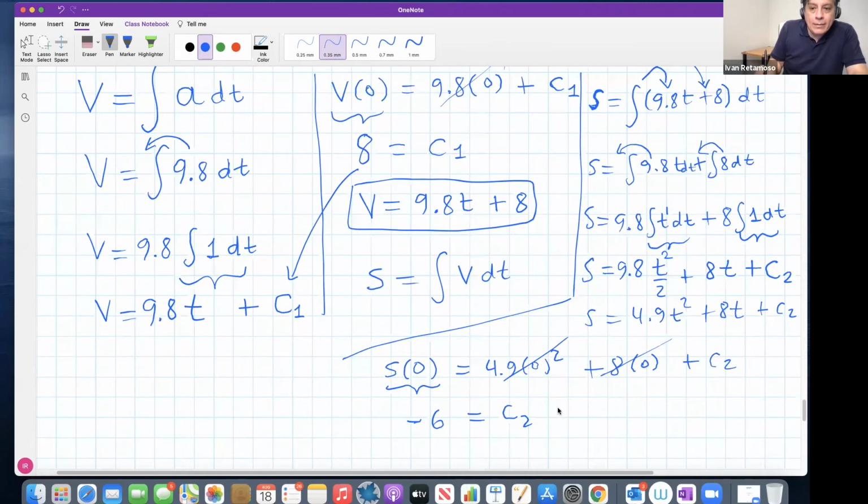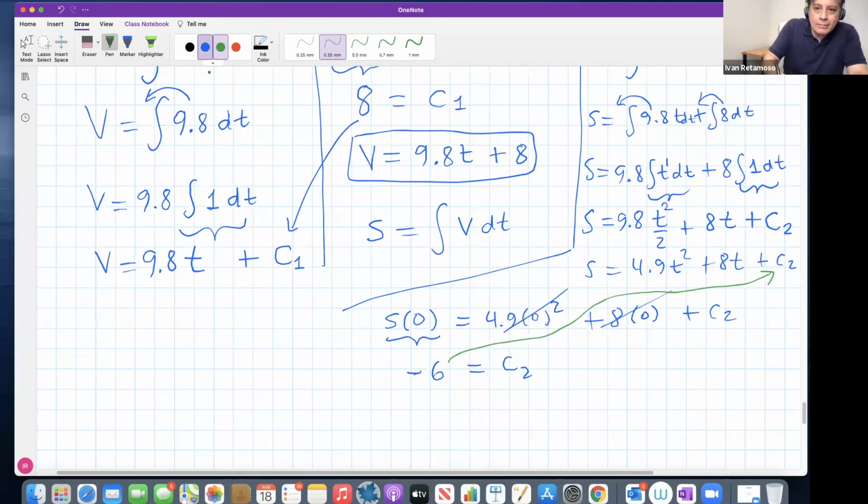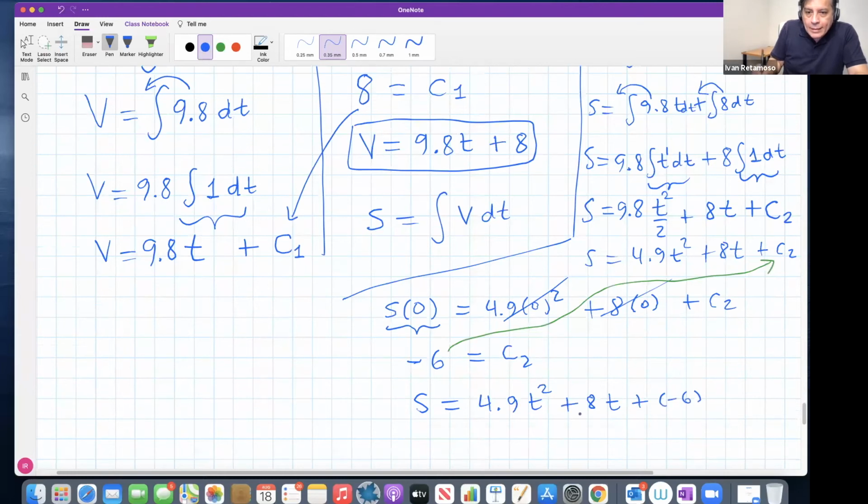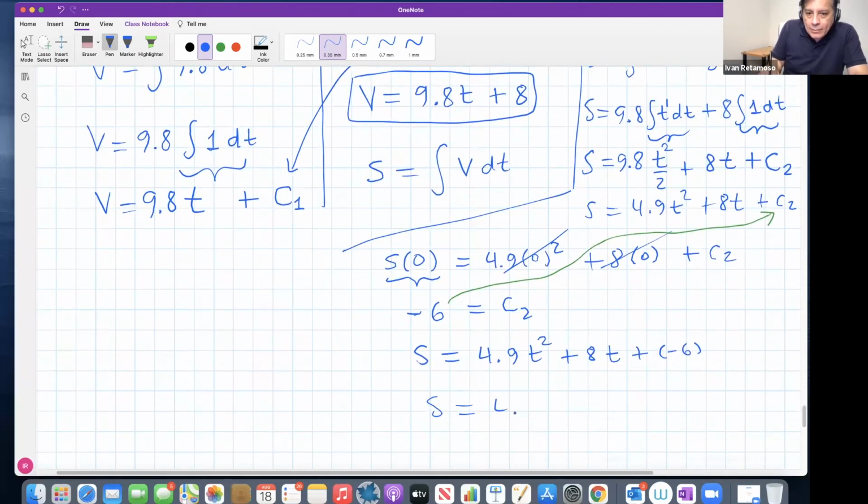Once you have the value of C2, replace it here. And then you will have your position function finally recovered completely. So S will be equal to what? 4.9 t squared plus 8 times t plus C2, which is -6. But we know that negative multiplied by positive is just negative.